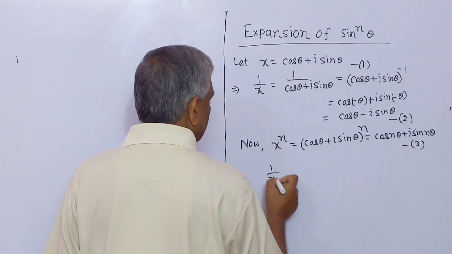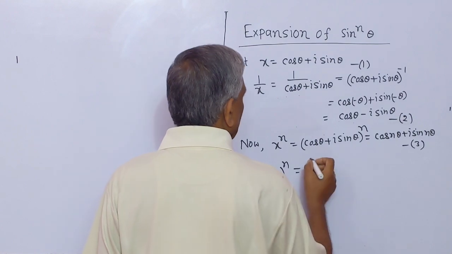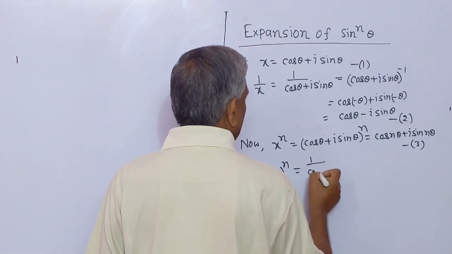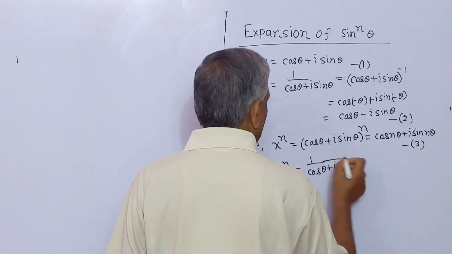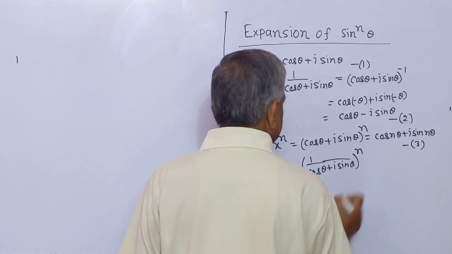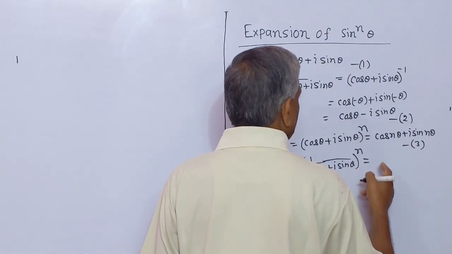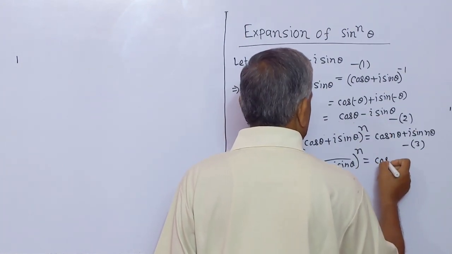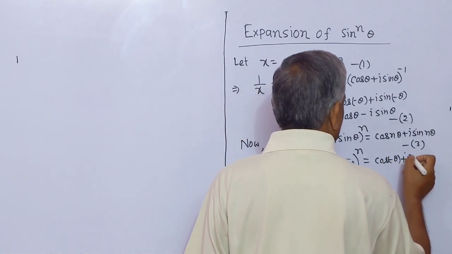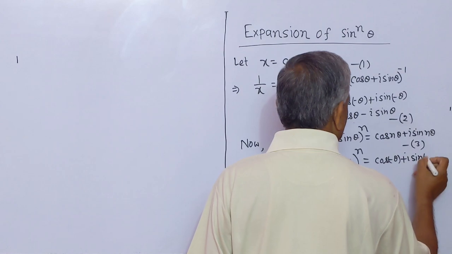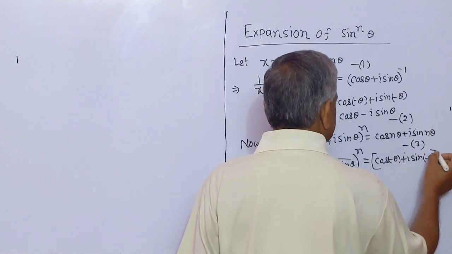1 by x to the power n equal to 1 by cos theta plus i sin theta whole to the power n. This equal to, here we get cos minus theta plus i sin minus theta whole to the power n.